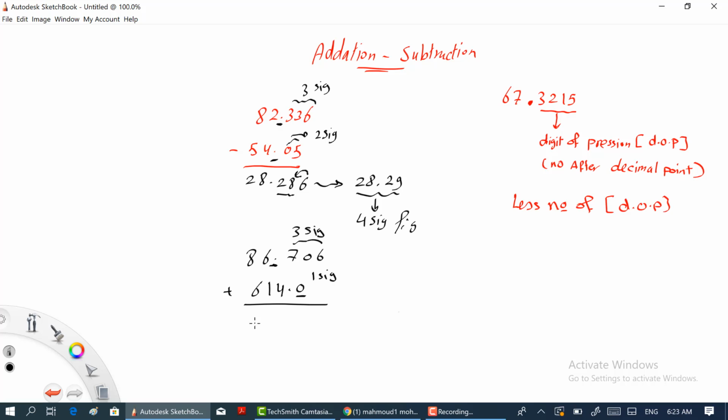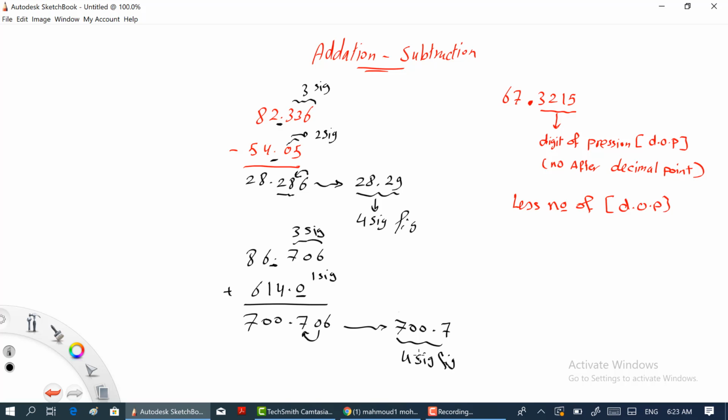The answer will be 700.706, so we put the 700. Then after the decimal point, we choose no digits, so the 0.7 does not round the 700 up to 701. The answer will be 701. In this case, 3 significant figures.